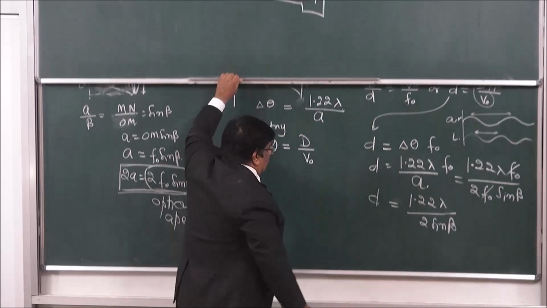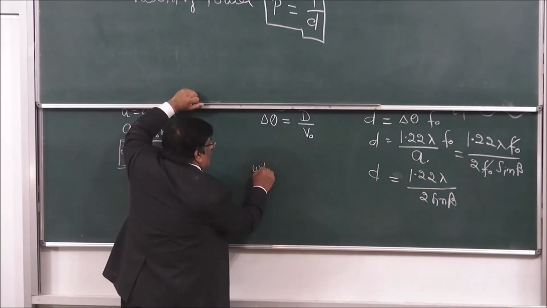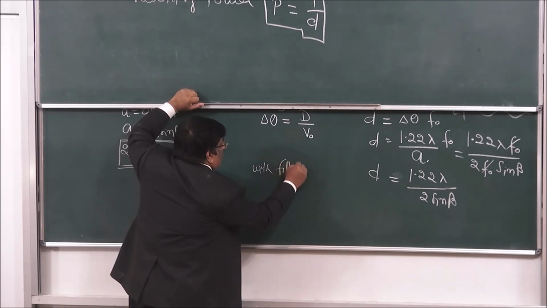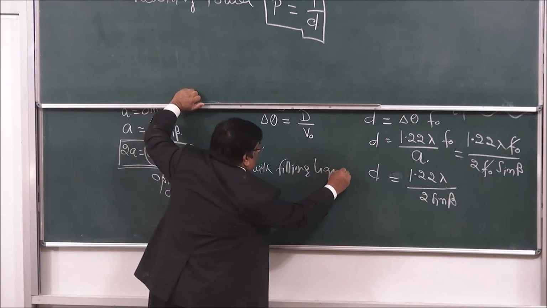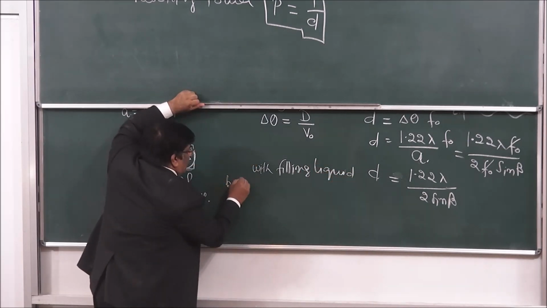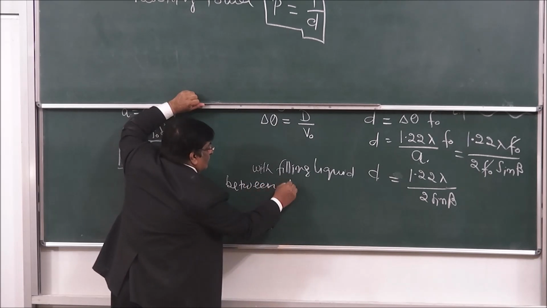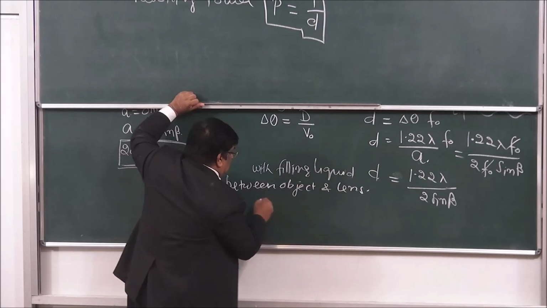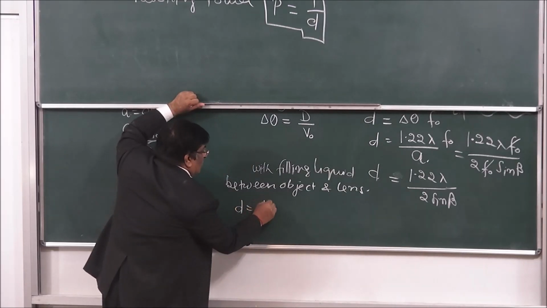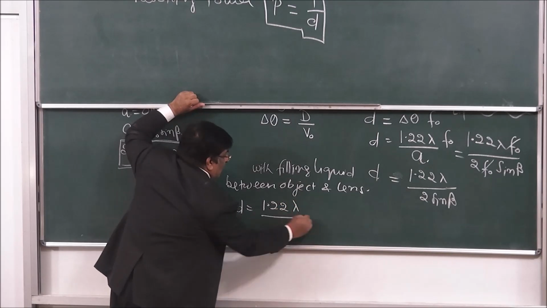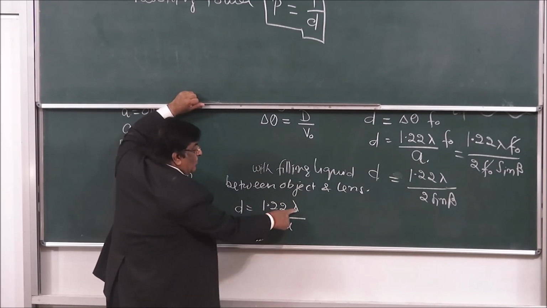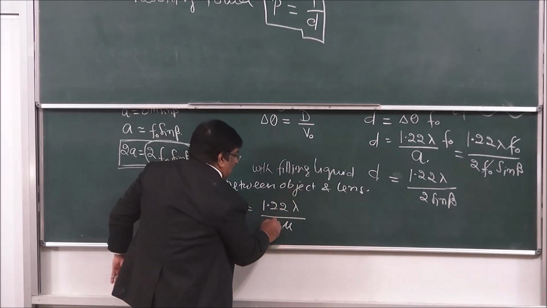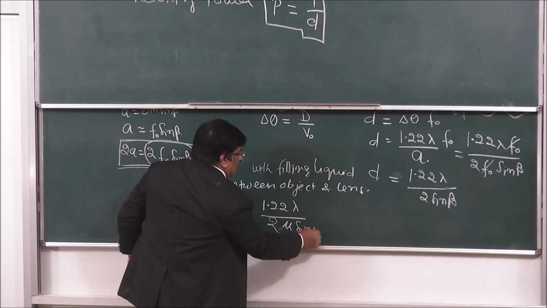So I will write it this way, with filling liquid between object and lens, small d is equal to 1.22 lambda upon mu. अब lambda की जगह कौन आ गया? lambda upon mu, where mu is refractive index. बाकी वैसा ही रहेगा, 2 sin beta.